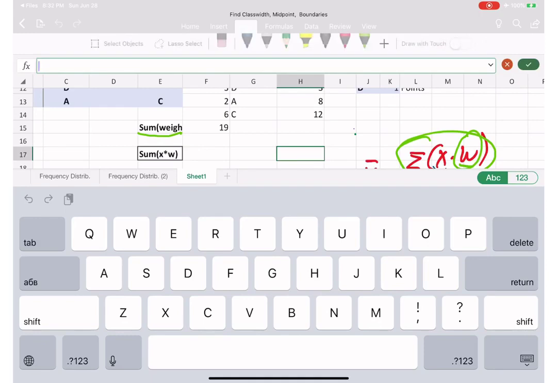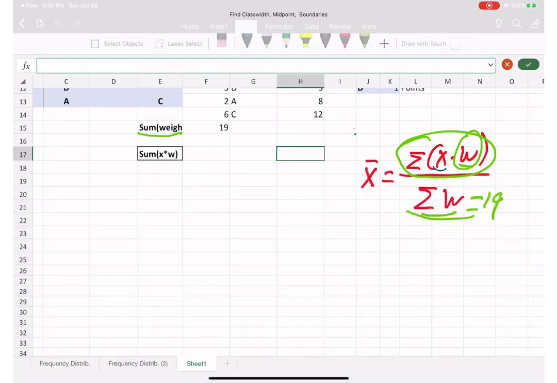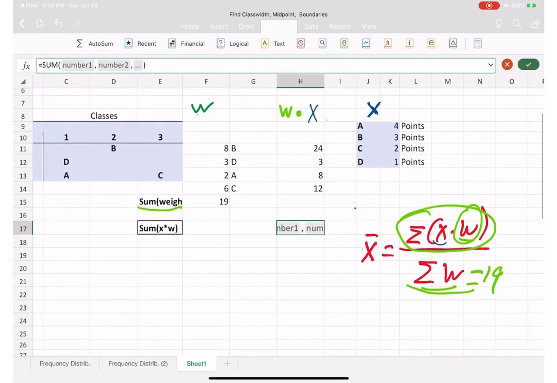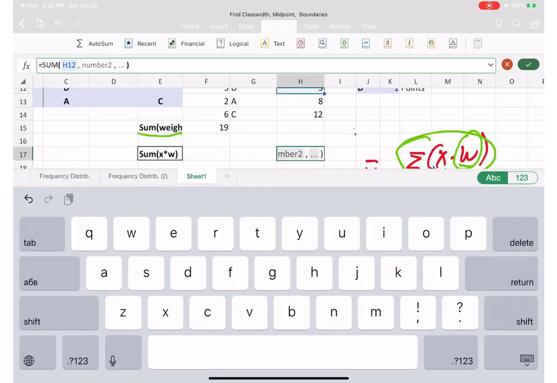Actually, I'm going to take a formula. Auto sum. This, and the last one, it's going to be this. This is my Mac.